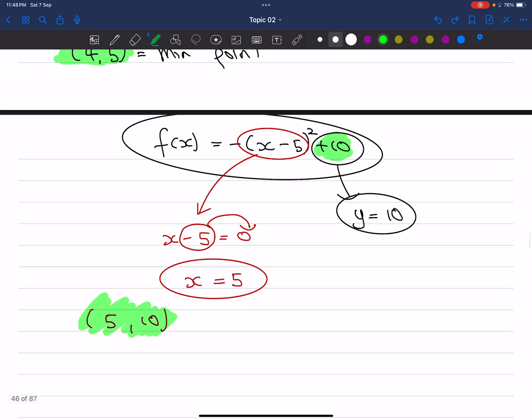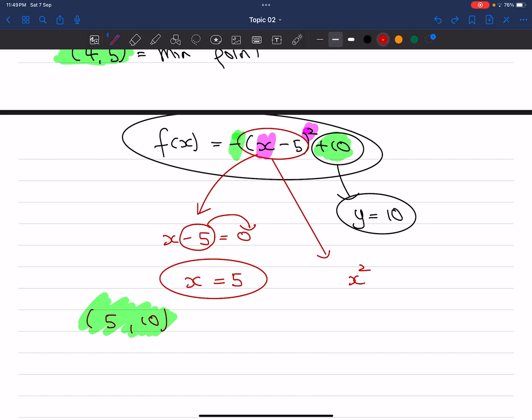If you look here, this x, if I square, I'm going to get x squared. But there is a negative outside.